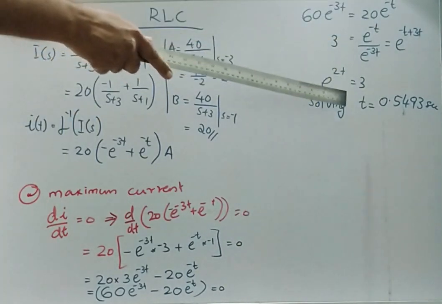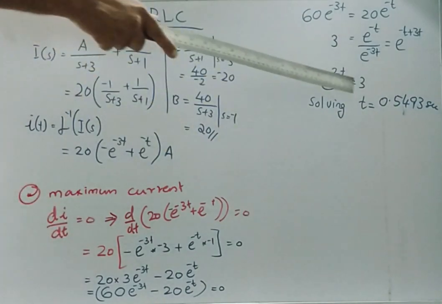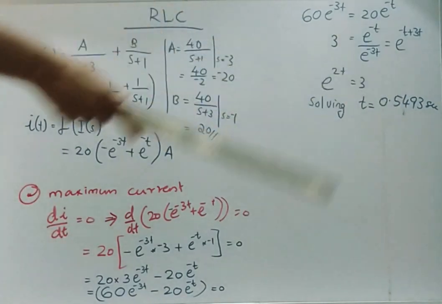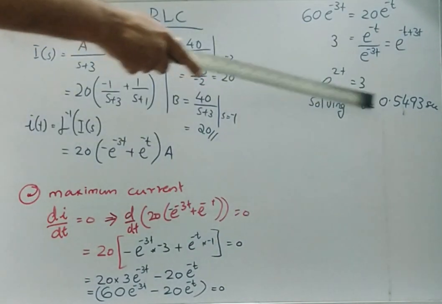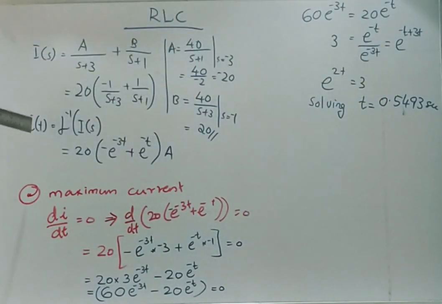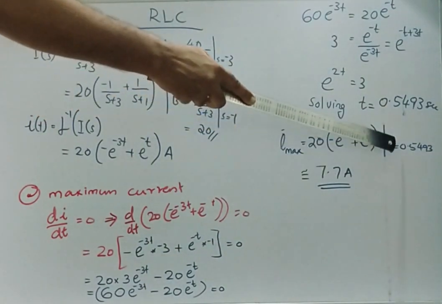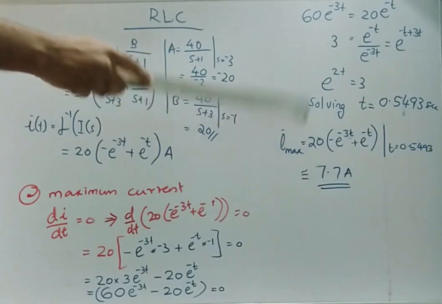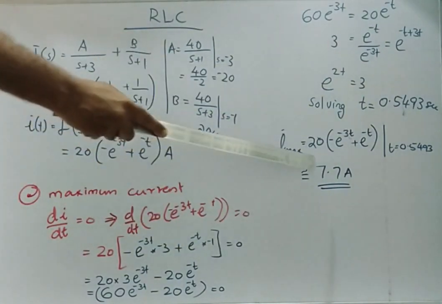After solving, we obtain the time at which maximum current occurs as 0.5493 seconds. Now, substituting this time into the current equation, we obtain I max as nearly 7.7 ampere.